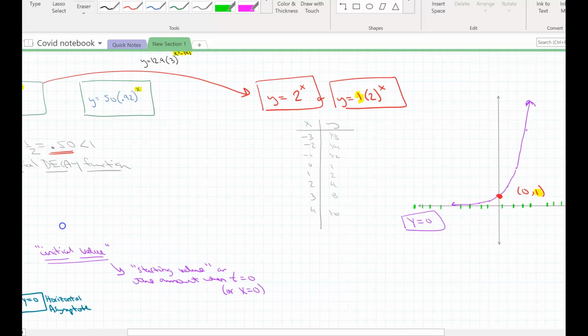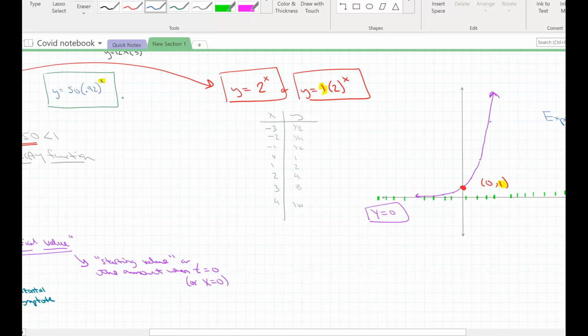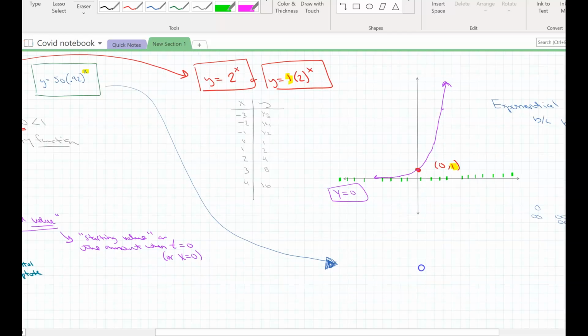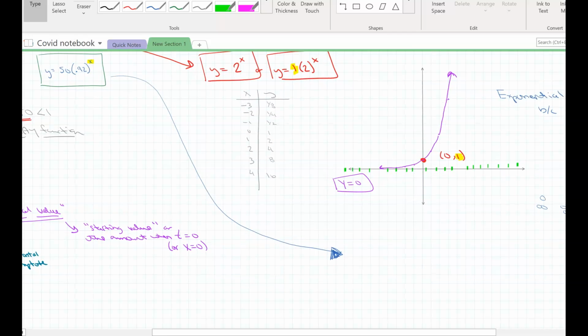50 times 0.92^x. Let's go over here, and this is one that's going to require a calculator, only because obviously we're not going to raise 0.92 to the third power in our head. But what I do want you to think about before we even start graphing is, what will this function look like? Well, let's see. The base is 0.92. That means it's less than 1.